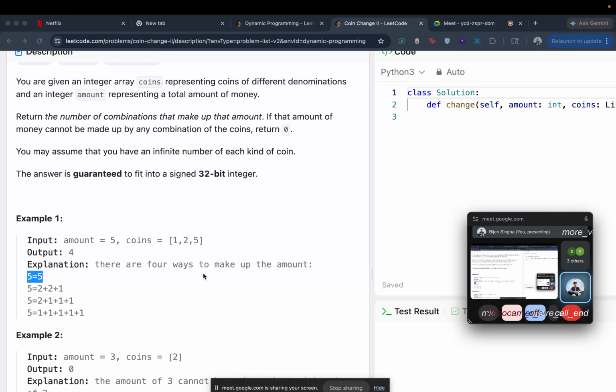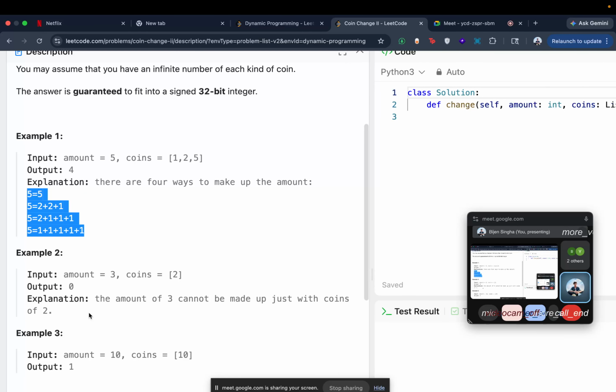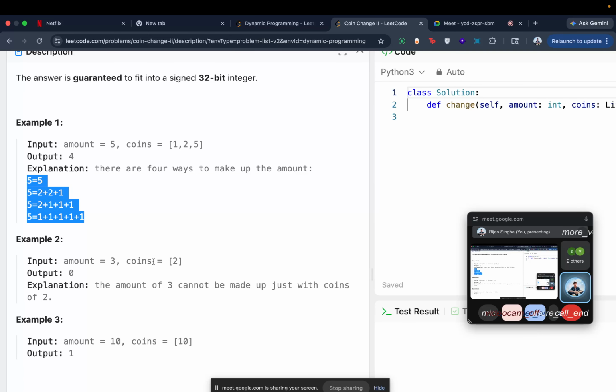So 5 you can make with the coin 5, one way. 5 you can also make with 2, 2, 1. You can also make it with 2, 1, 1, 1. You can also make it with 1 plus 1 plus 1 plus 1 plus 1. So how many ways are there? 4 ways are there to make 5. For the second example, amount is 3, coin is 2.